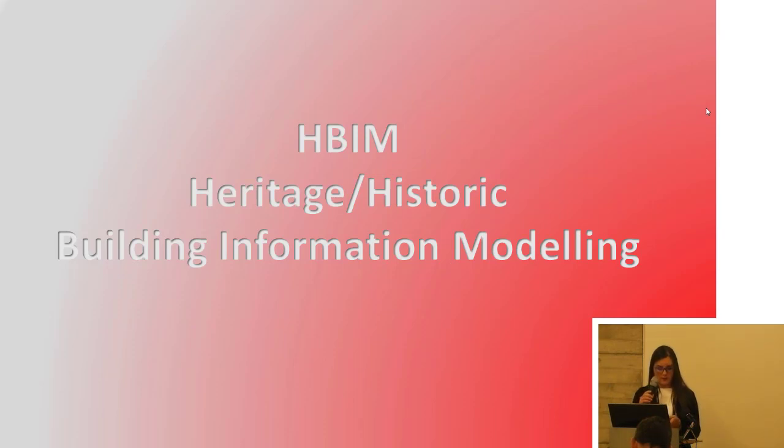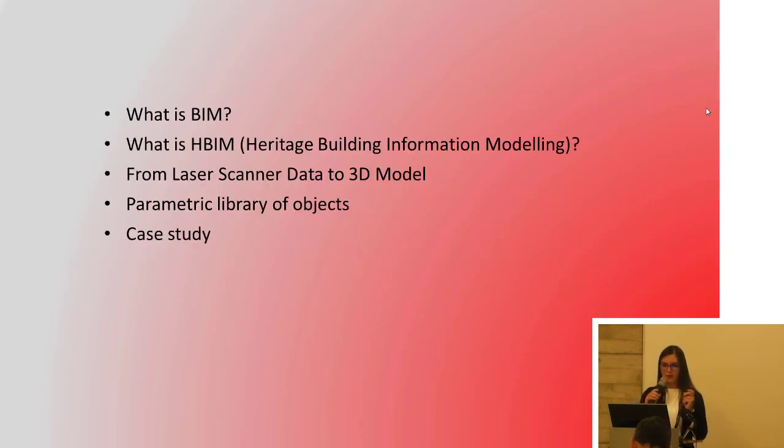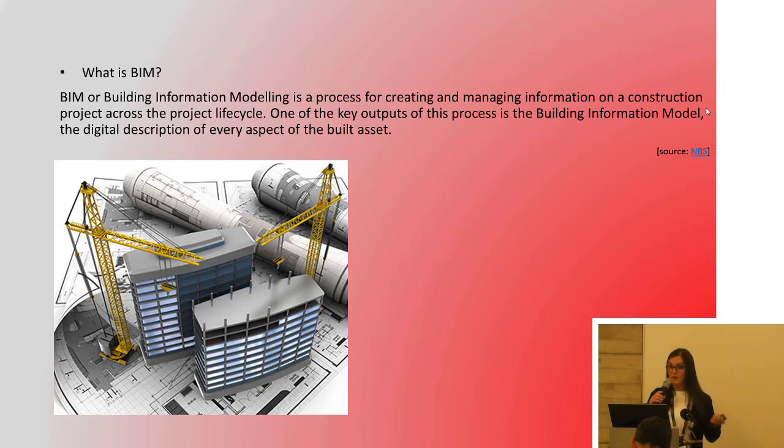So let me give you a quick flavor about BIM. I know that many of you already know what BIM is, but it's a collaborative process for the production of structural electronic information. And you know that BIM involves the use of parametric objects that could be assembled to provide a virtual representation of the building.